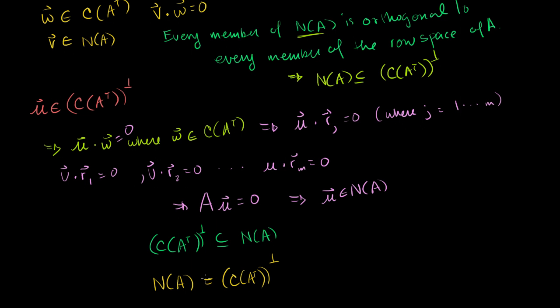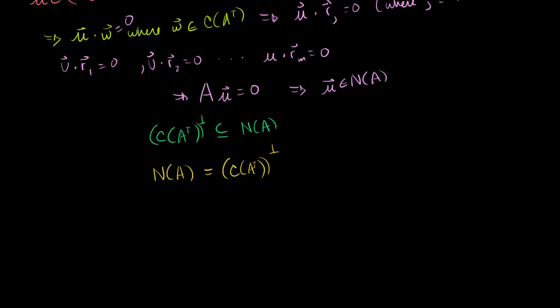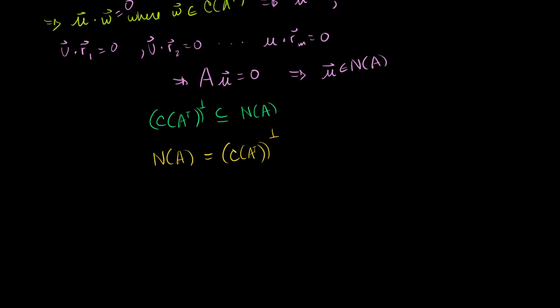Now, I related the null space with the row space. I could just as easily make a bit of a substitution here. Let's say that A is equal to some other matrix B transpose. It's going to be the transpose of some matrix. You could transpose either way. So if I just make that substitution here, what do we get? We get the null space of B transpose is equal to the column space of B transpose transpose, right?